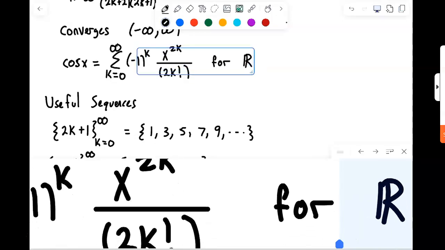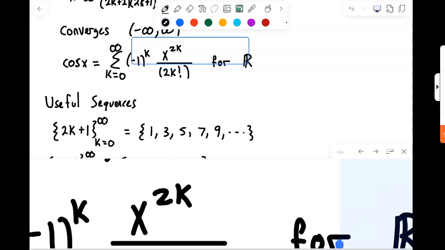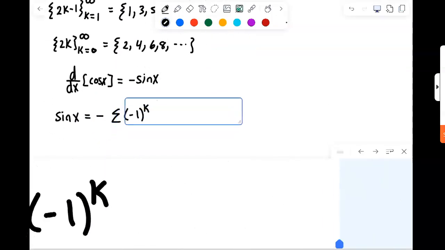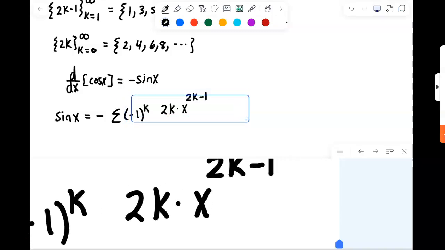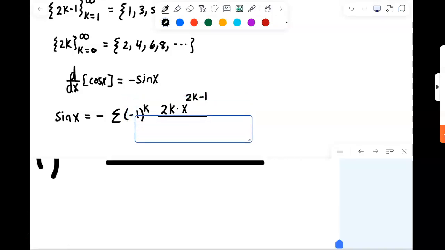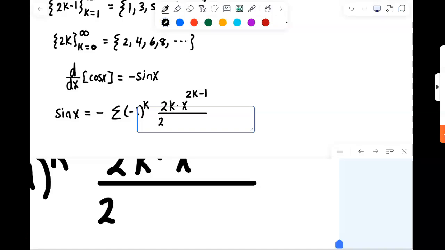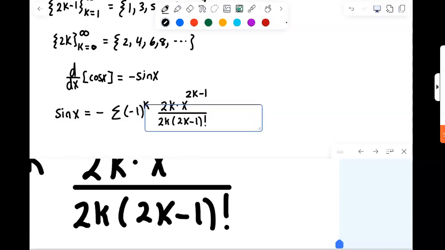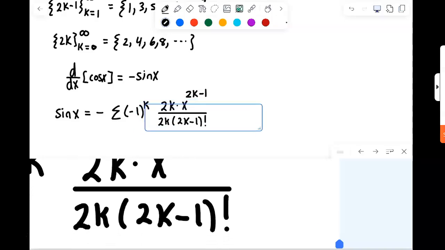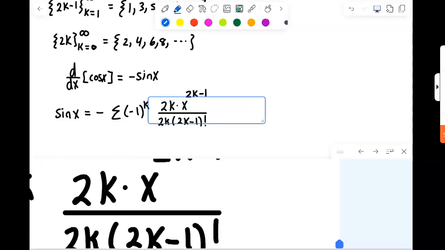So remember, to do the derivative, we multiply by that exponent. So that's going to be 2k x to the 2k minus 1. And that's all over 2k factorial, but 2k factorial can be written as 2k times 2k minus 1 factorial. And so the 2k's will cancel out.